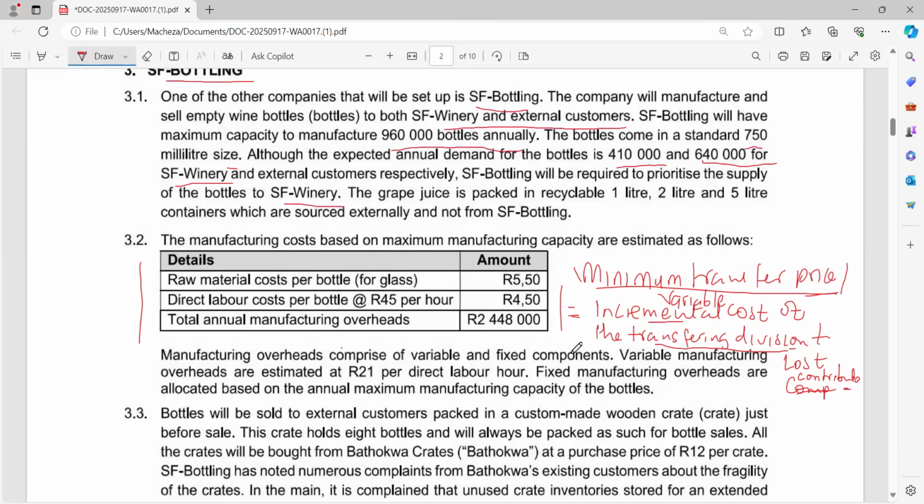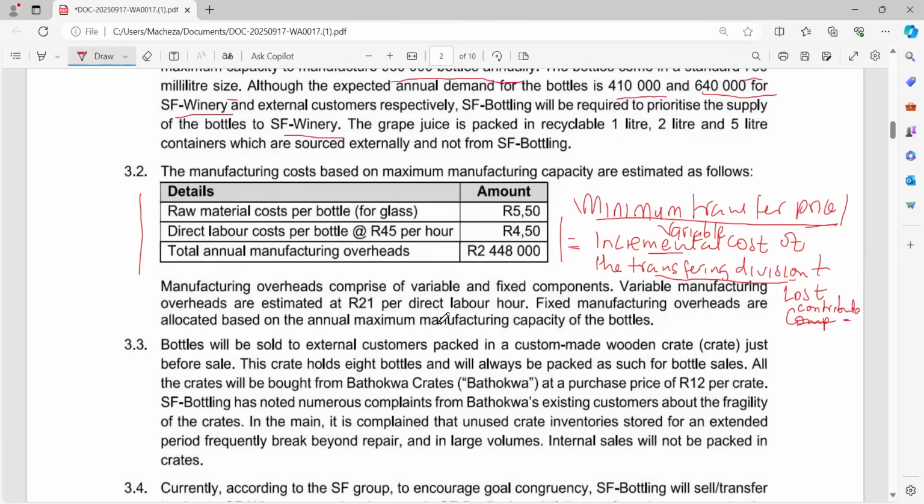Right, so these are the incremental costs that we have here. We have raw material cost. And when you are doing your incremental costs, you should look at whether these are for the transferring division. So these are the manufacturing costs based on maximum manufacturing capacity, which means these are the incremental cost of SF bottling. Then we go down there and look. Manufacturing overheads comprise variable and fixed components.